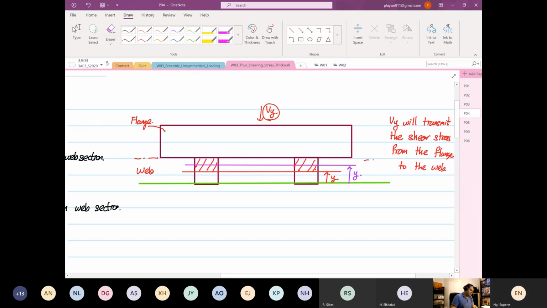Okay, right? That's why the analysis starts from where? It starts from outside coming in. I always emphasize that. The analysis starts from out.